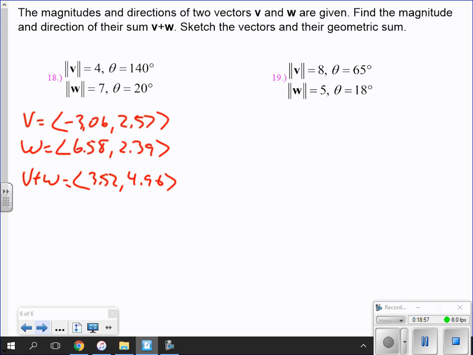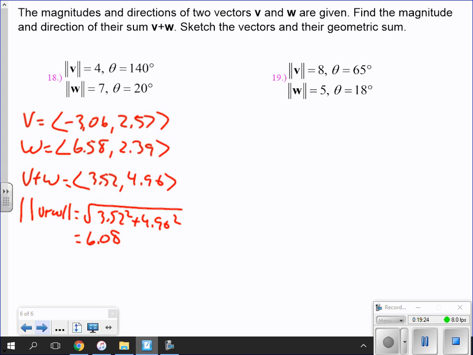Okay. Now, to rewrite this in magnitude and direction form, you need to figure out the magnitude and the direction. So the magnitude of V plus W is equal to the square root of 3.52 squared plus 4.96 squared, and you end up getting 6.08 for that.